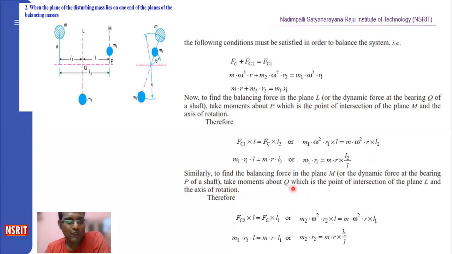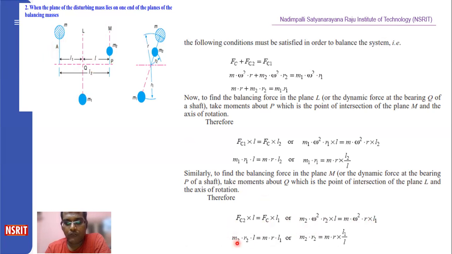Then M1 R1 is equal to m r L2 by L. Similarly, take moments about Q. Fc2 into L, that means for mass M2 we have Fc2 and total distance L, is equal to Fc for mass M into L1, since we are taking moments about point Q. For Fc2 we get M2 R2 omega square into L, and for Fc, m r omega square into L1.